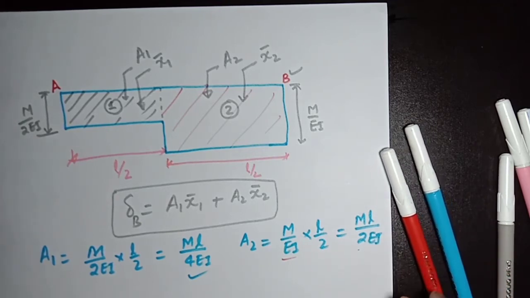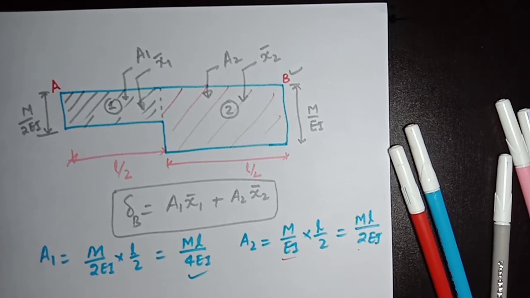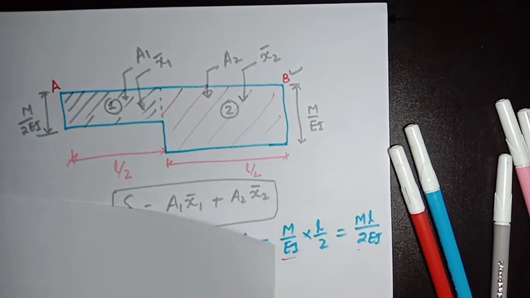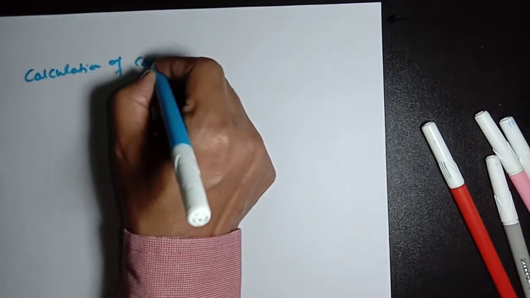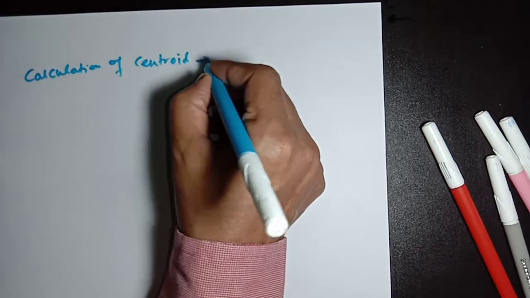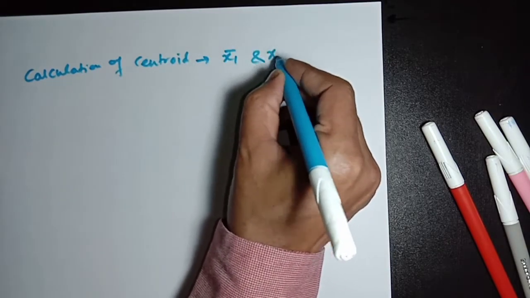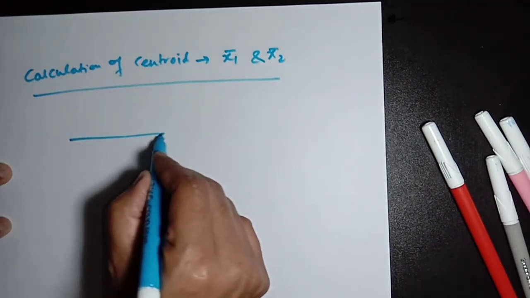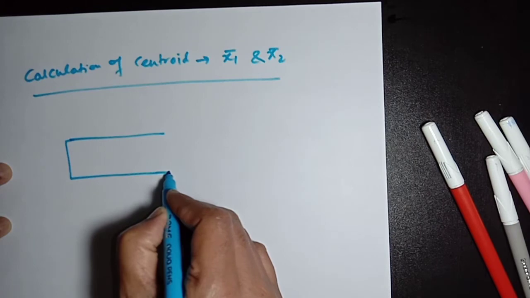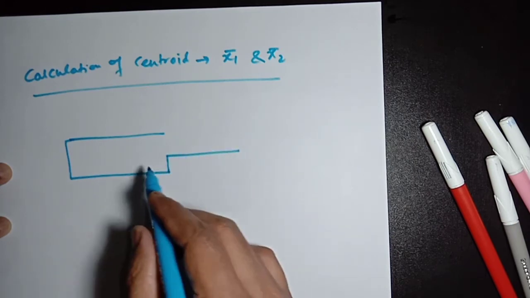Now we need to find the centroid of both regions. Calculation for centroid: x1 bar and x2 bar, this we are going to find out.